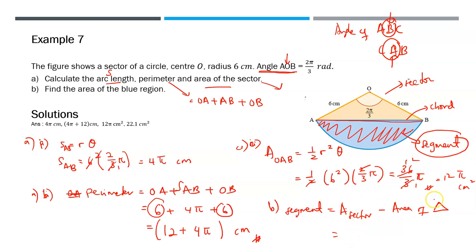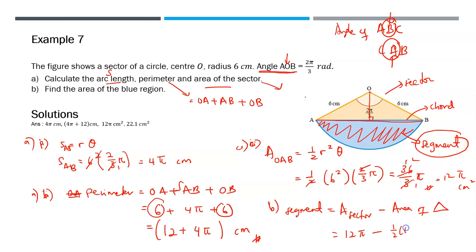So area of sector you already find is 12 pi minus area of triangle, nanti kamu check balik ada formula dia because you don't know what is the height di sini. Kamu tidak tahu berapa dia punya tinggi. Okay, tapi kamu tahu dia punya angle. So we can use the formula of sine.